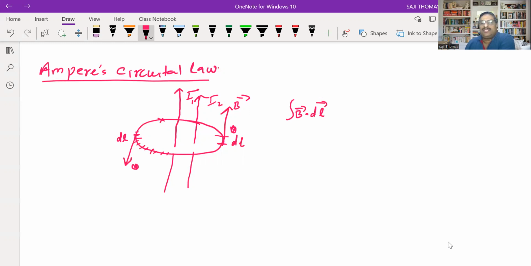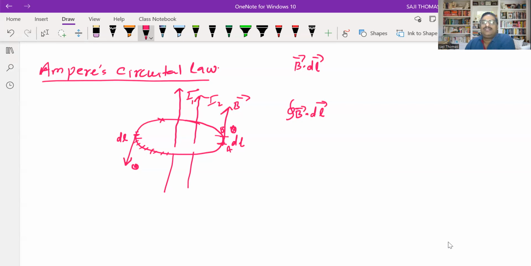B dot dl for this particular element, say AB. And there are so many such elements in this loop. This loop is divided into an infinite number of such small elementary lengths dl. First we find B dot dl for one small element.